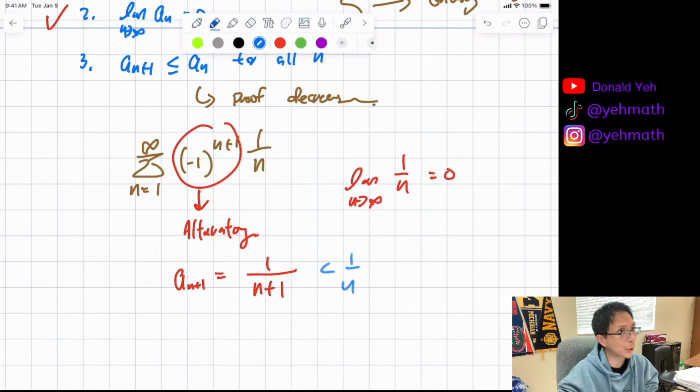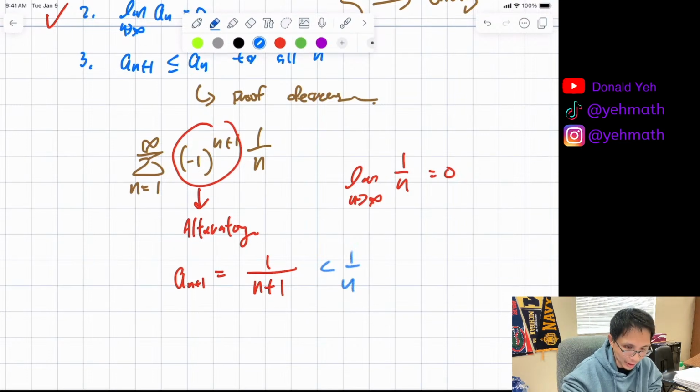Well, you can do the math, but use intuitive thinking, right? If I plug in 1, it's 1 over 2, which is less than 1. If I plug in 2, it's 1 over 3, which is less than 1/2.